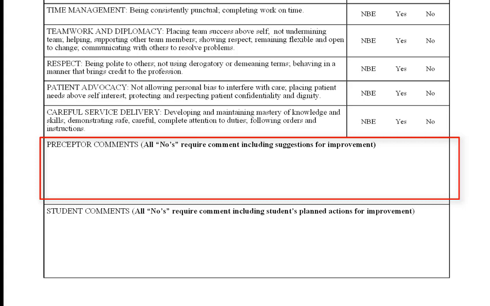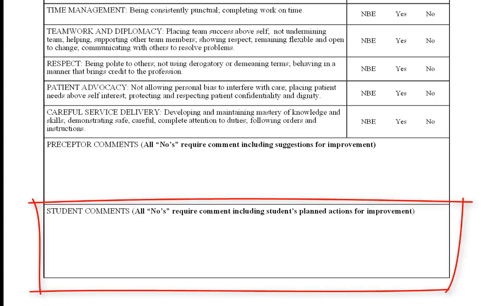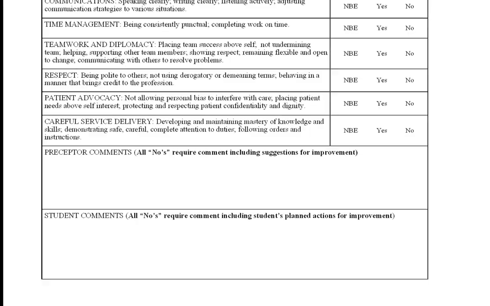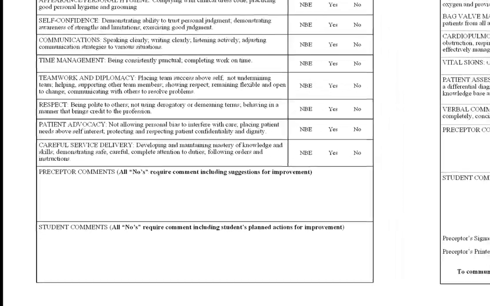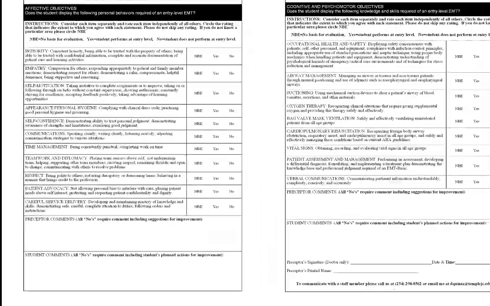And then if possible, provide suggestions for improvement. You will also need to explain the situation and provide a good plan for improvement. In regards to the affective objectives, we expect you to demonstrate entry-level traits at all times. So make sure that you read these, understand these, and know the expectations prior to arriving at the site.